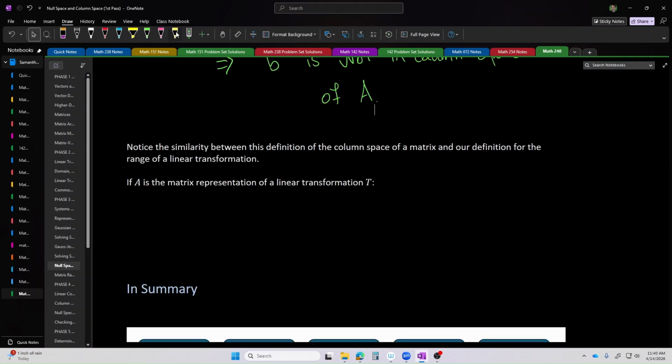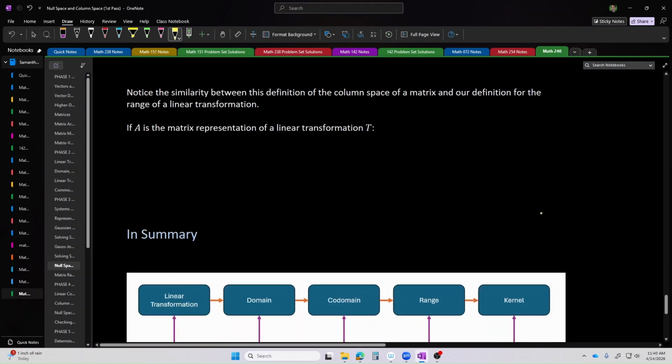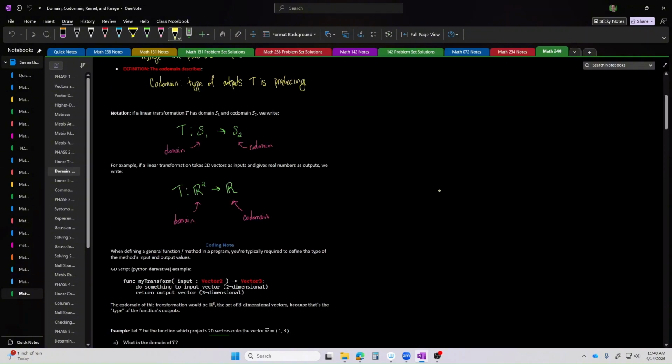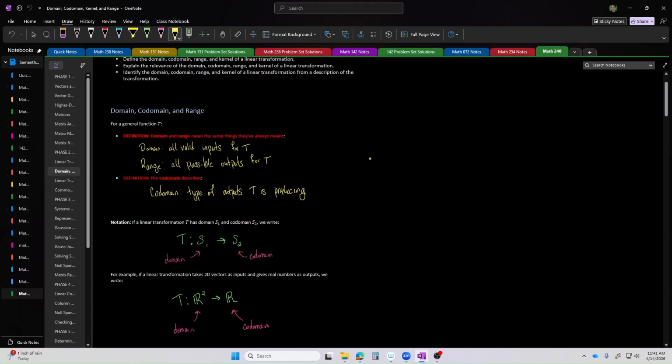So to reiterate what I mentioned earlier, this definition of column space of a matrix is virtually identical to our definition of range of a linear transformation that was given earlier in the class. Range being all the possible outputs for your linear transformation.